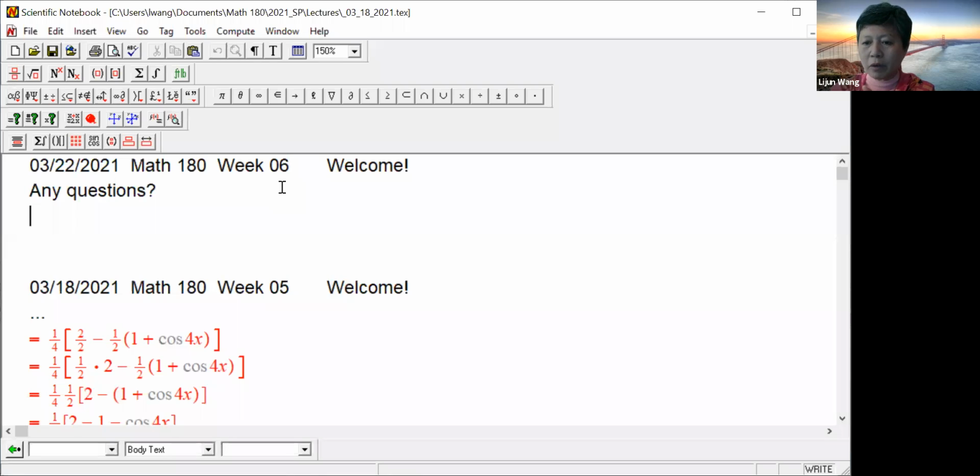Everything we have covered is from basic one, okay? Basic one is a very comprehensive summary of the basic functions, and we covered all of the functions. That's the majority of these notes, actually.